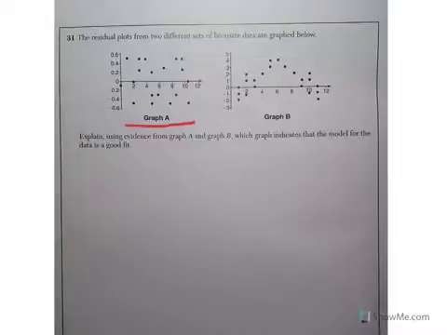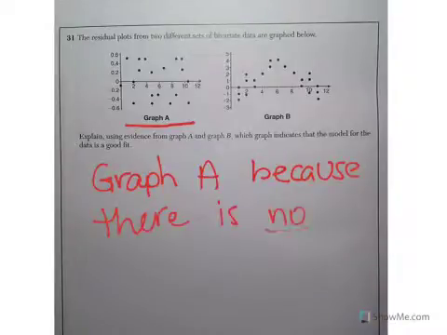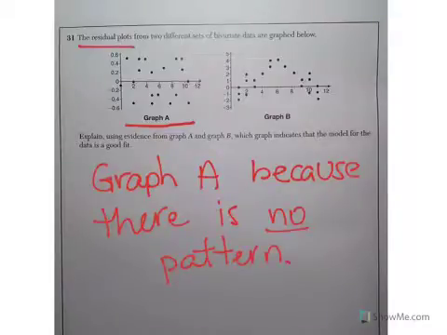So you're going to say that the model for the data that is the best fit is graph A because there is no pattern. This is only true when you're talking about residuals.